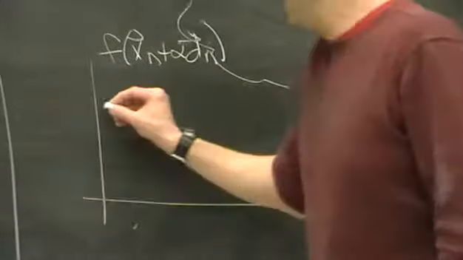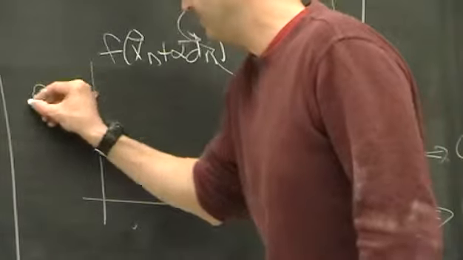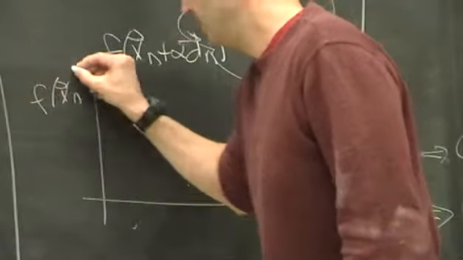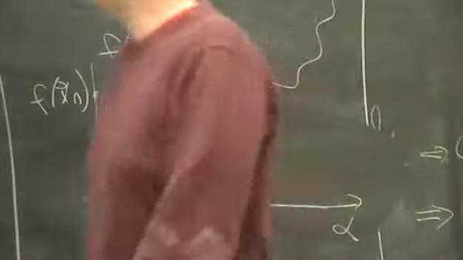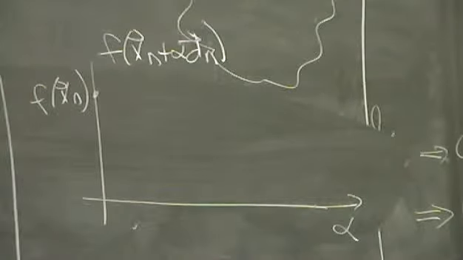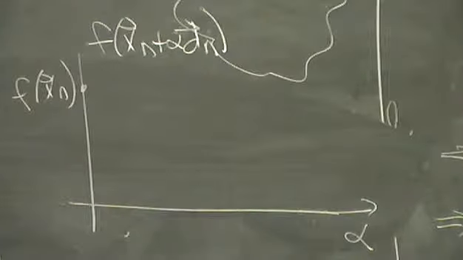Well, when alpha is 0, that's just f at xn.